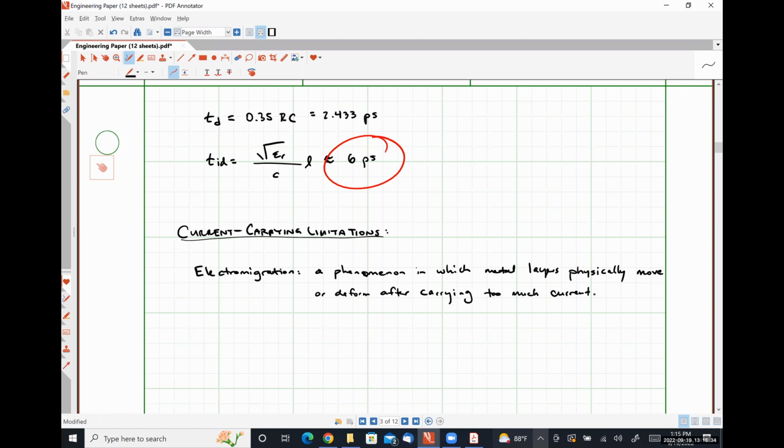So metals used in a standard CMOS process have a metal migration threshold current density. So J aluminum is equal to 1 milliamp per micron. I'm going to write that down.